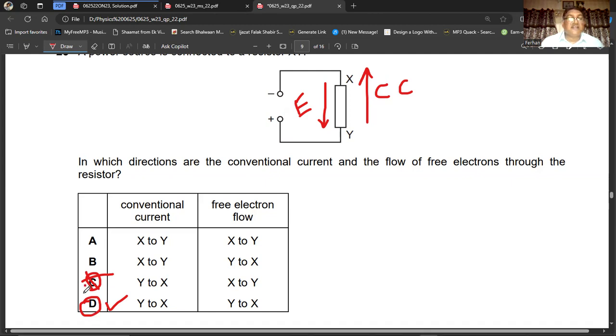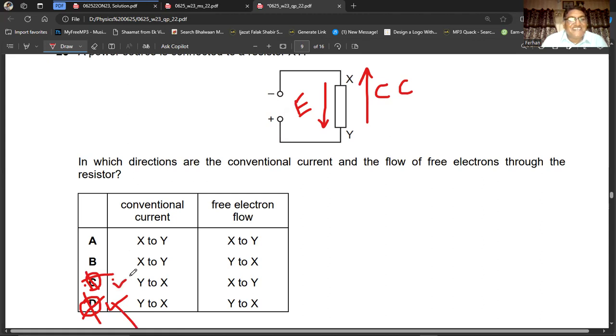This is also not the right option. Conventional current is going from Y to X, and the electron flow is going from X to Y. So the right option is C. This is wrong, sir.